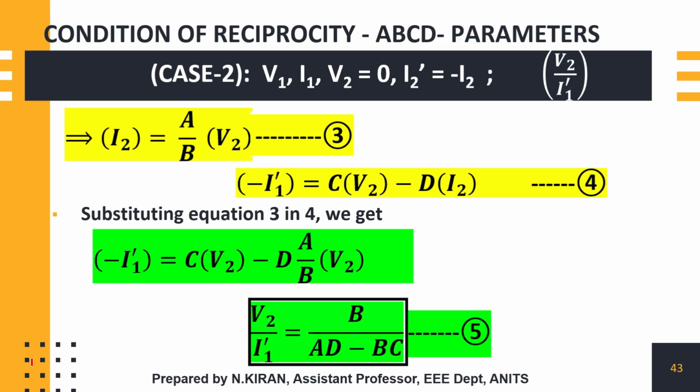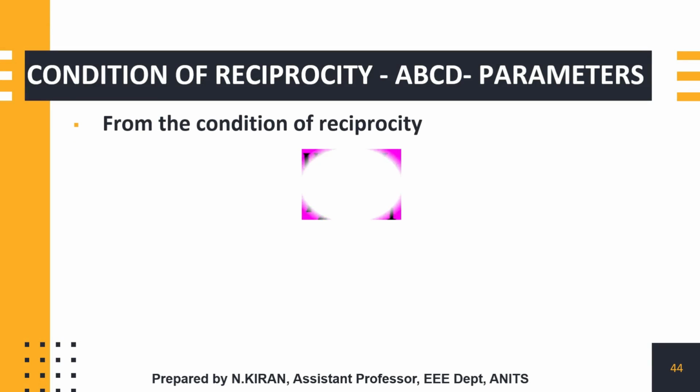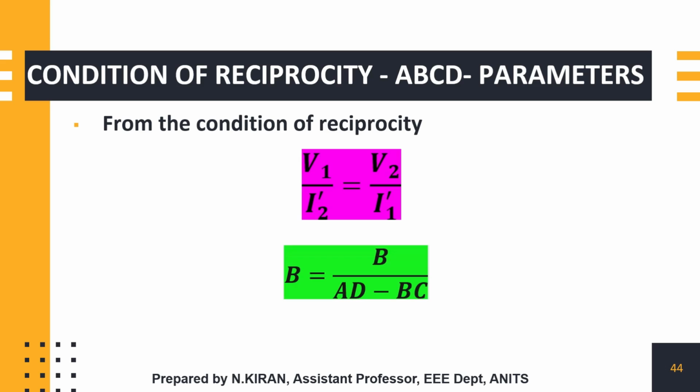So after obtaining the expressions in both the cases, according to the condition of reciprocity, I should equate both the expressions, that is V1 by I2 dash and V2 by I1 dash. On equating both the expressions that you have obtained, I'll obtain the condition of reciprocity for ABCD parameters to be AD minus BC is equal to 1.